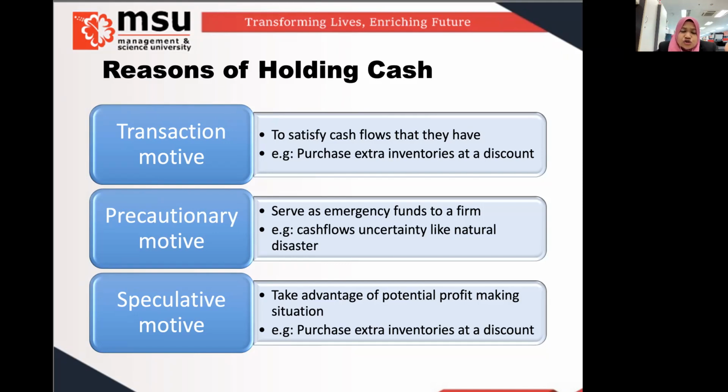Usually during Hari Raya there is a lot of demand, and when there is a lot of demand, the price is going to increase. So you don't want to buy the same thing together with other people. You buy that fabric today instead of tomorrow. If you do not have enough cash today, how can you grab the potential profit? So these are the three reasons why holding cash is very important.